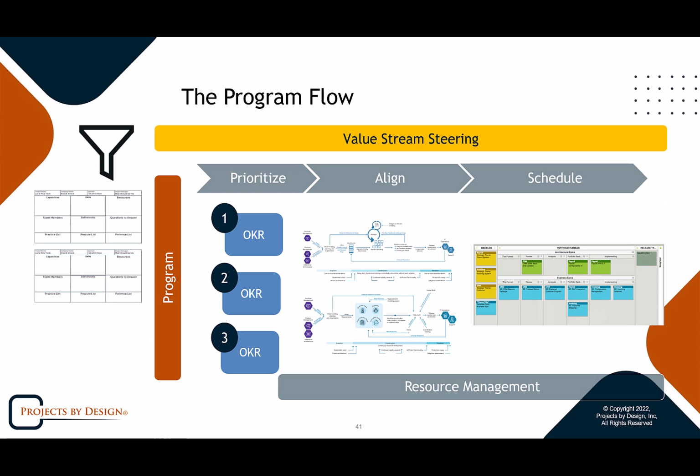All right. So with that, this is what I would describe as the program flow. So this is what we've been talking about from the various aspects up until this point. So on the demand side, we expect the value stream steering, right? Keeping in mind that we described value stream, we spent quite a bit of time on value stream.